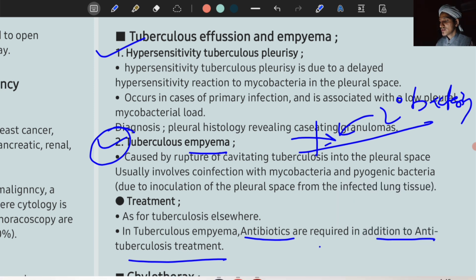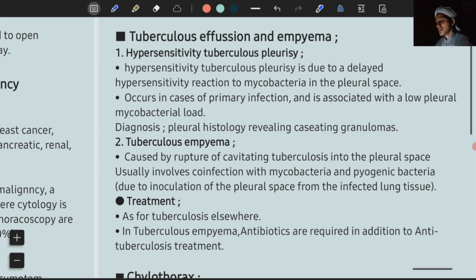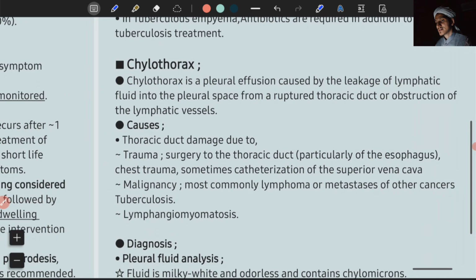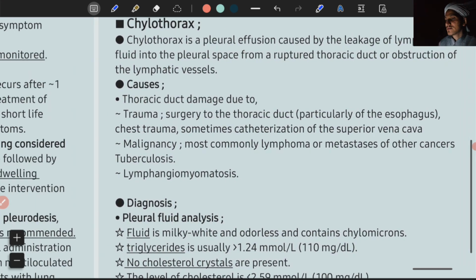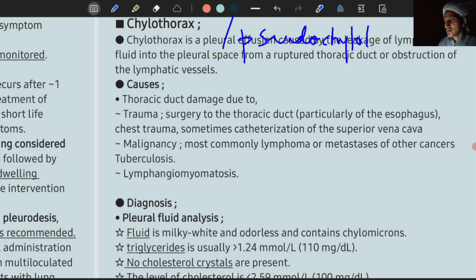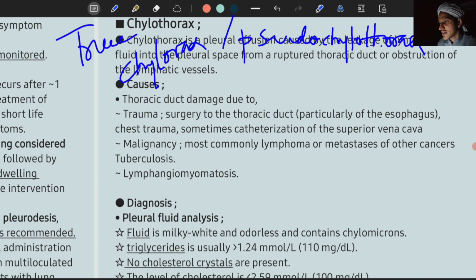Now the other two things which we see in practice are chylothorax and hemothorax. First, coming to chylothorax, remember one more thing, pseudochylothorax. One is true chylothorax and one is pseudochylothorax. How will you differentiate between the two?